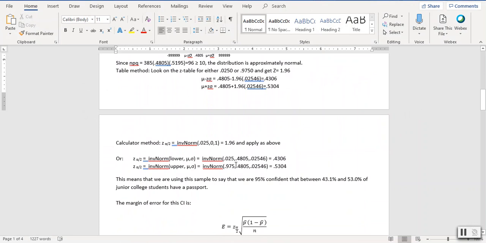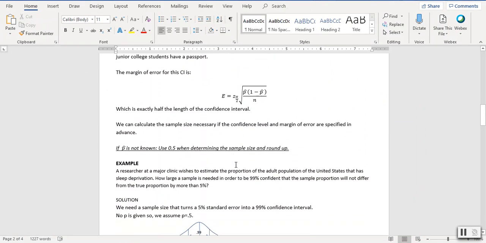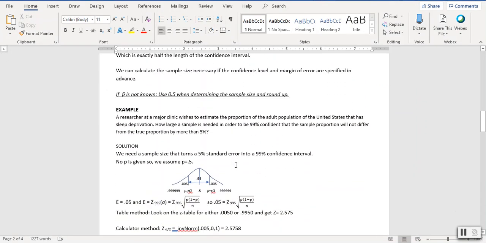Okay, so we want to find the sample size. Okay, so 5% standard error into a 99% confidence interval.